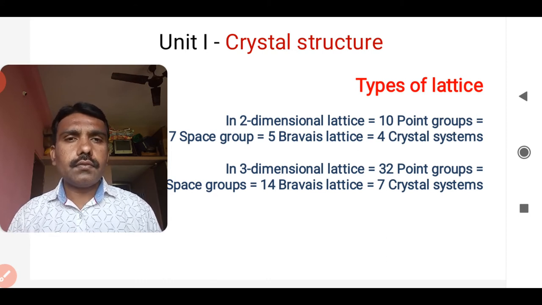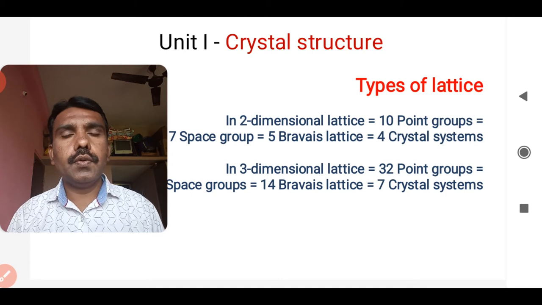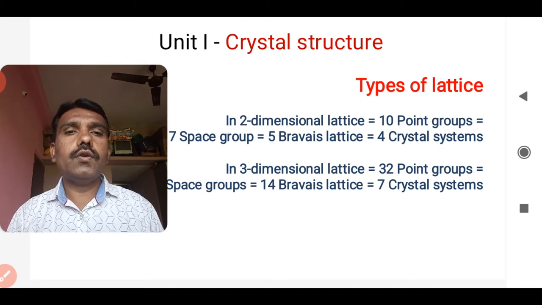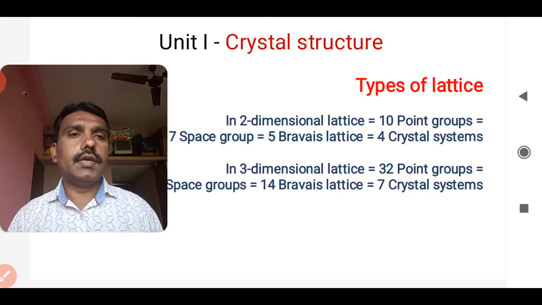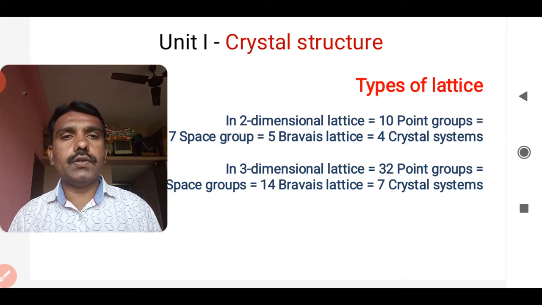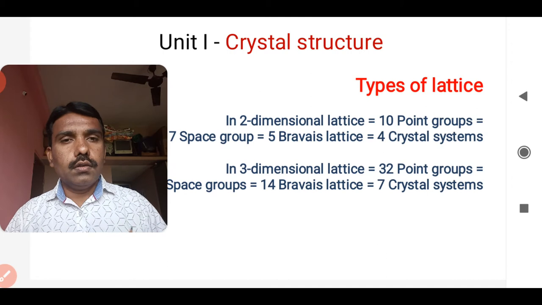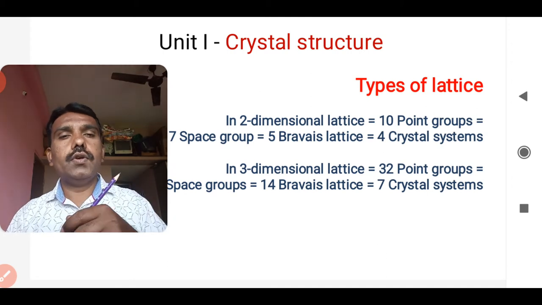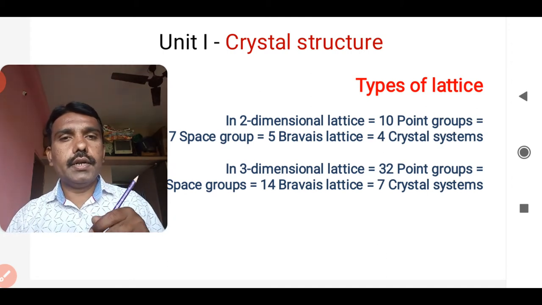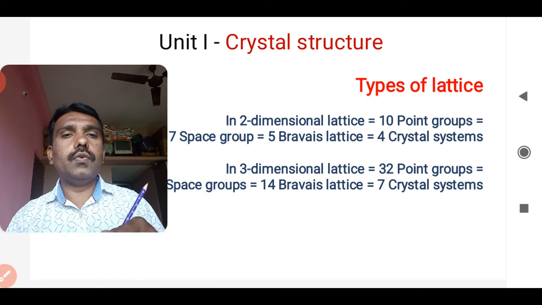Basically, the thing starts with the point groups. A point group is the set of symmetries operating around one point, which includes the particular points or the atoms.